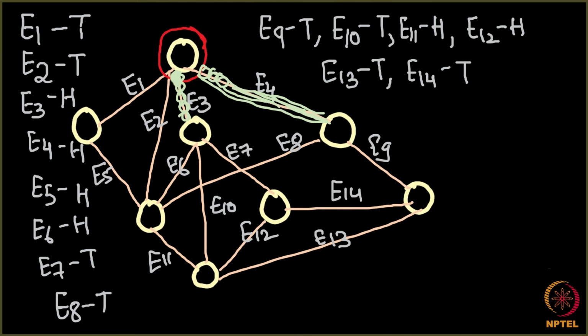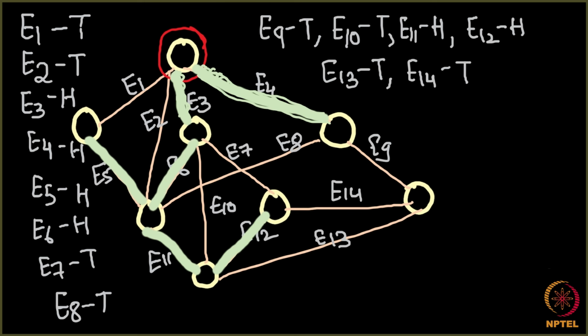E5, and then E6, and then we have E11, and we have E12. Okay, so all these are the open pipes.